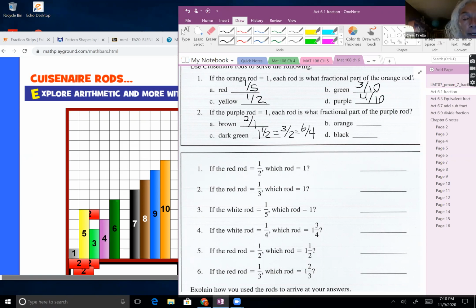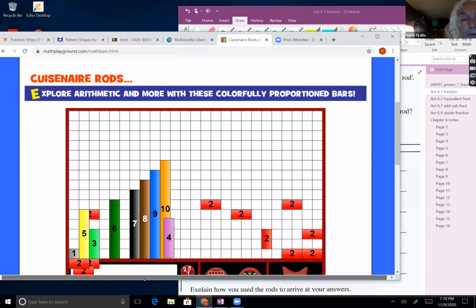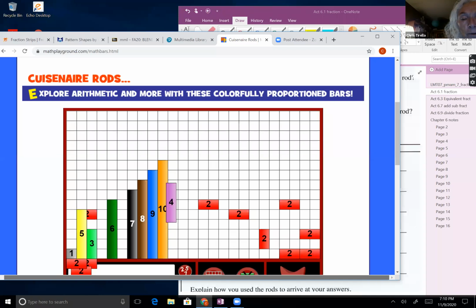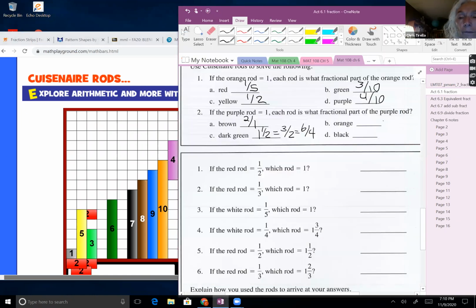And if I were to compare the purple to the orange, that would be 2.5, or we could think of that as 5/2.